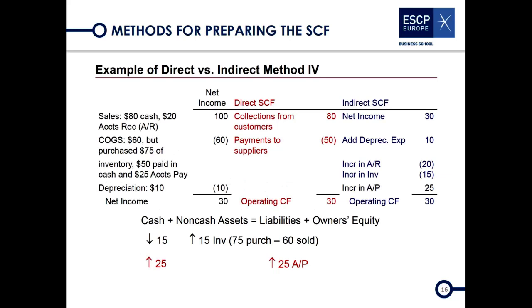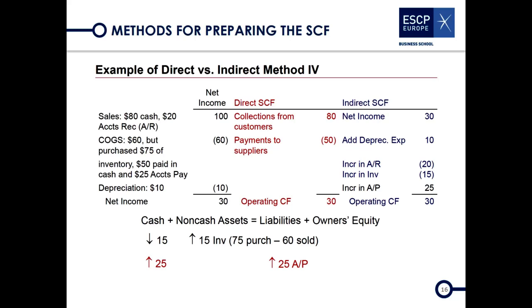Okay, so the direct statement of cash flows is now showing operating net cash flow of 30, and in the indirect statement of cash flows, we still add back depreciation, we subtract the non-cash sales revenue of 20, and now we have another adjustment in that we add another 10.